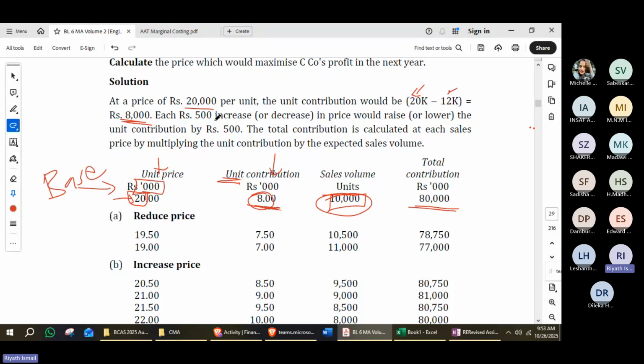Each 500 increase or decrease in price changes the unit contribution by 500.